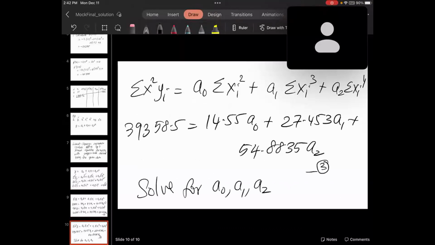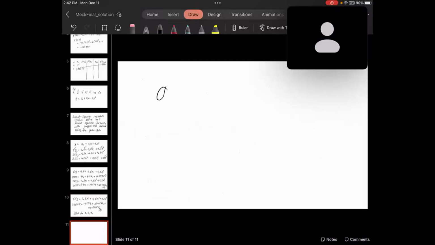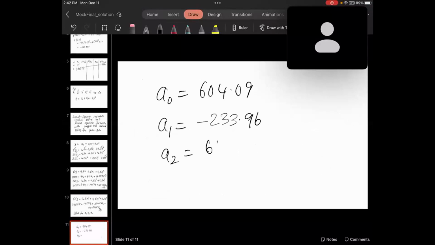What I'm going to do is quickly tell you the answer that you can check against later. If you solve, a0 should be equal to 604.09, a1 is equal to minus 233.96, a2 is 674.01.